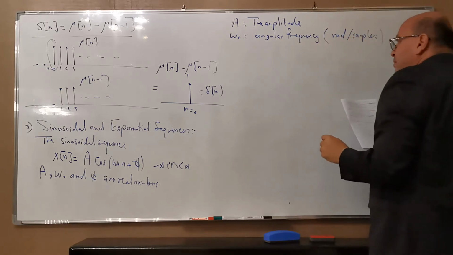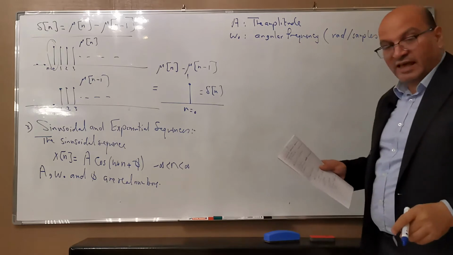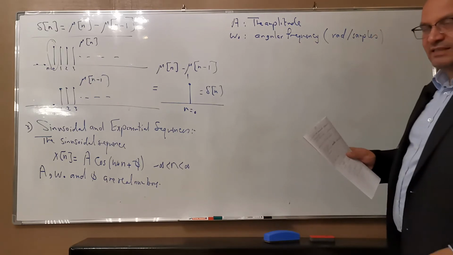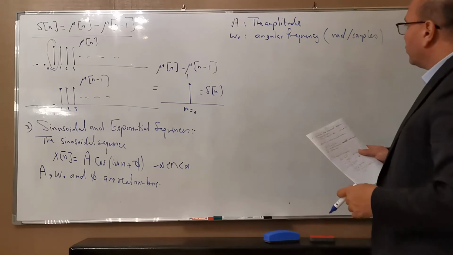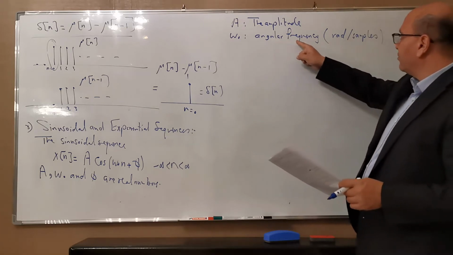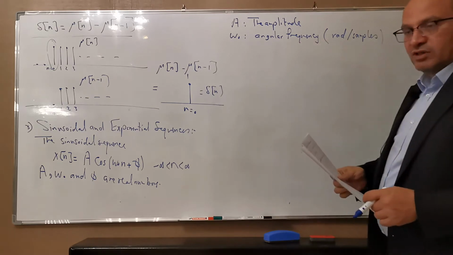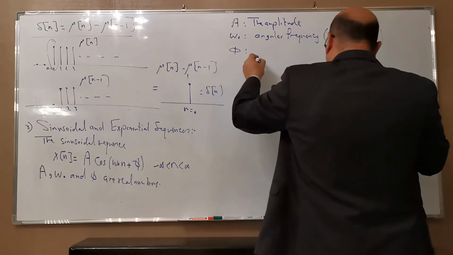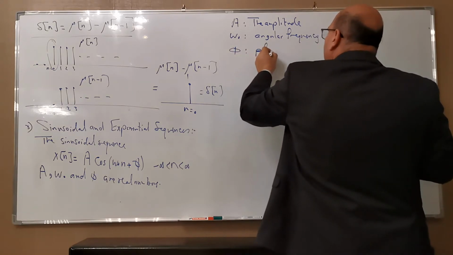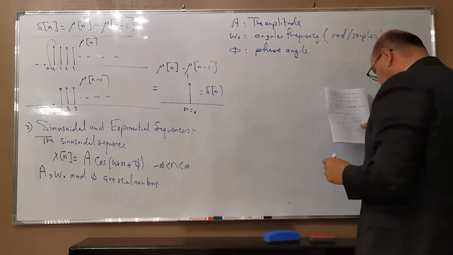It's not in radians per second. We will come to this later when we define the sampling process. In the next lecture, we'll define the sampling process and we will mention the difference between the angular frequency in discrete time and the angular frequency in continuous time. Phi is the phase angle.